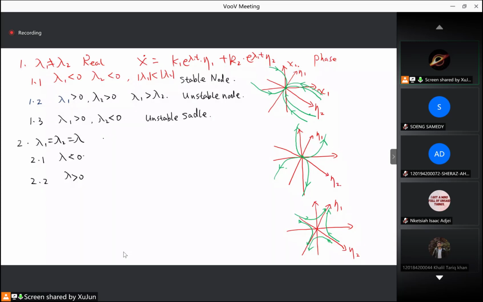In this case, x equals (k1 plus k2 t) eta 1 plus k2 eta 2, times e to the lambda t. This is the solution.